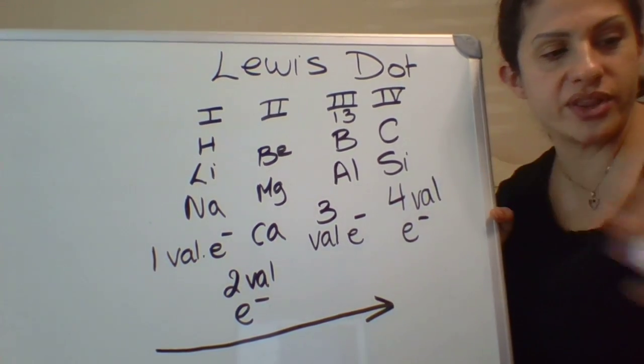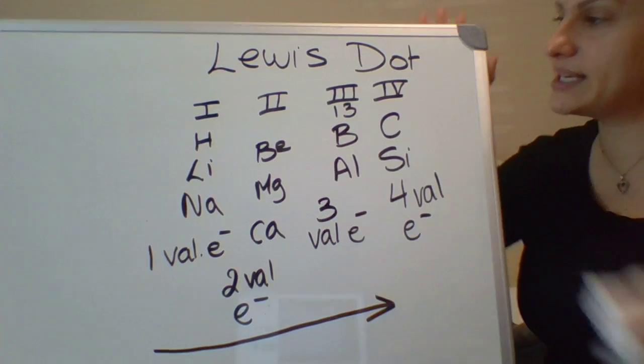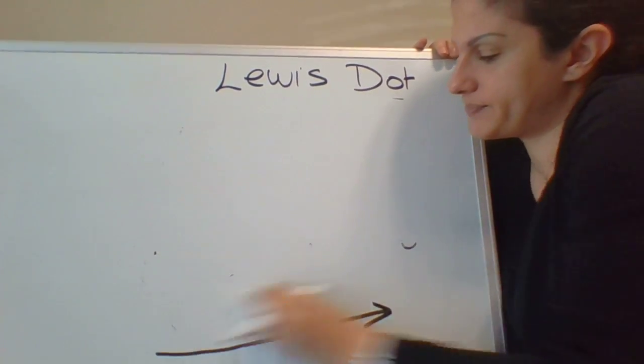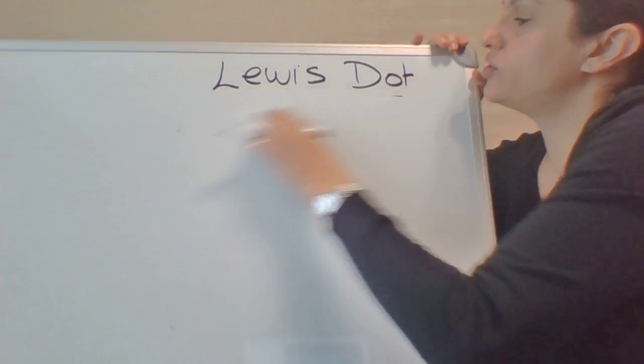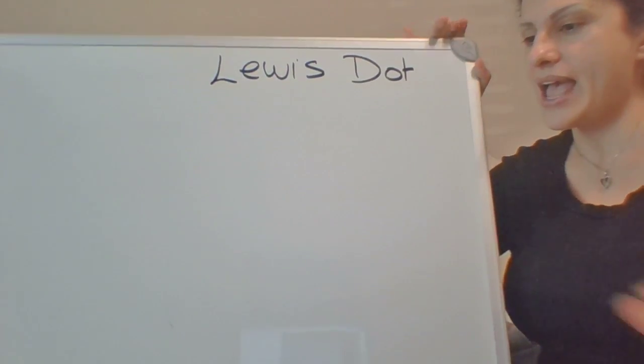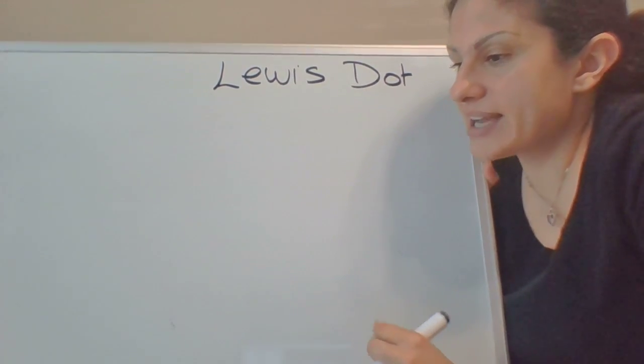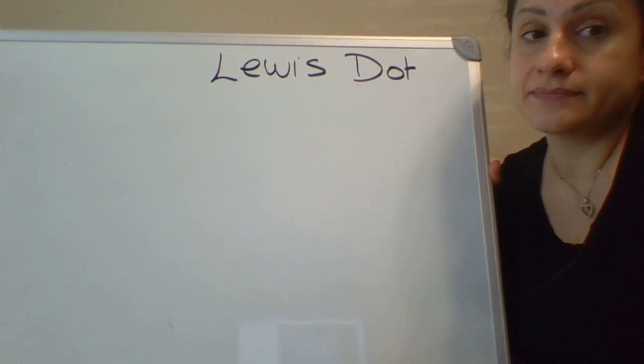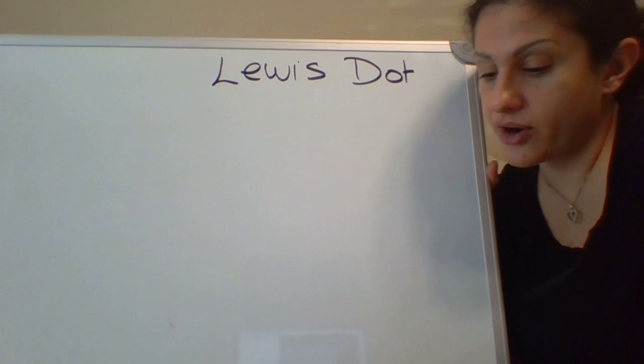So let me try one with you. Let me give you an example and see if you can find it out using the pattern. I want you to tell me how many valence electrons neon has. So look at neon in the periodic table.